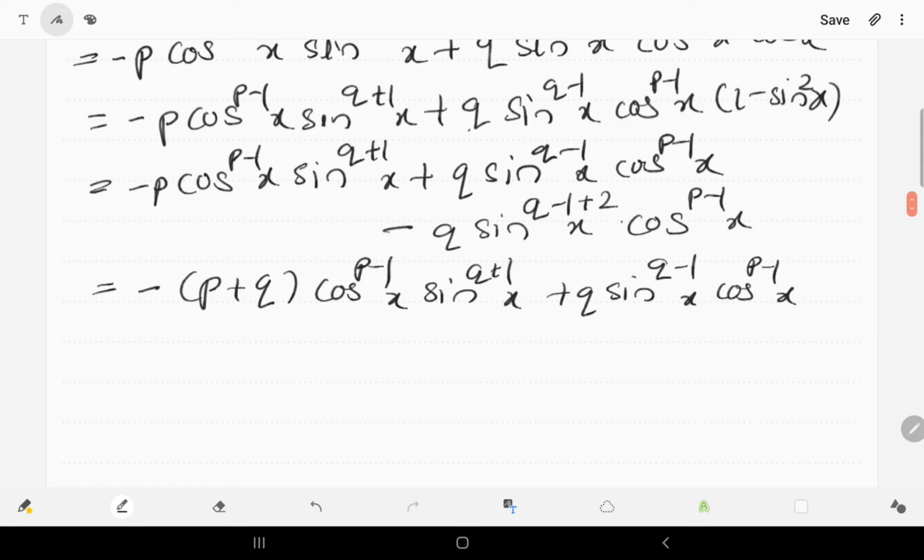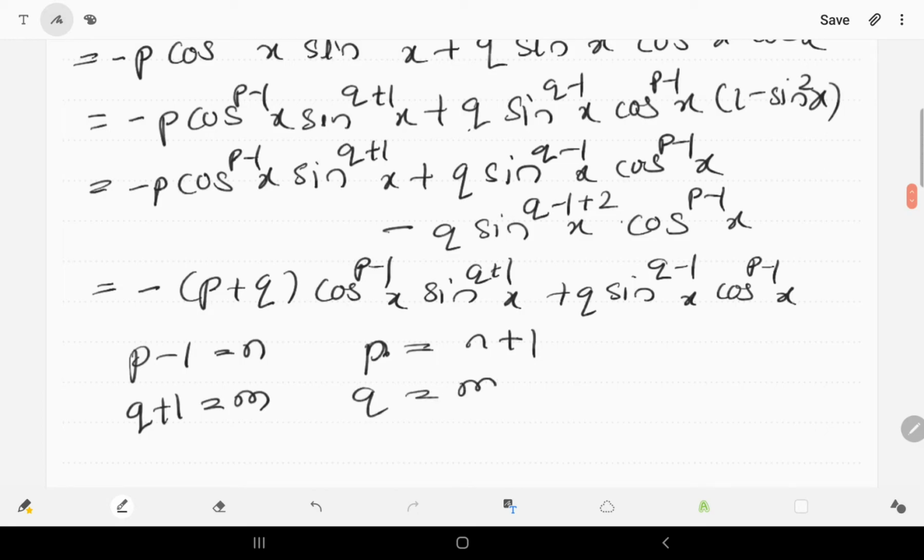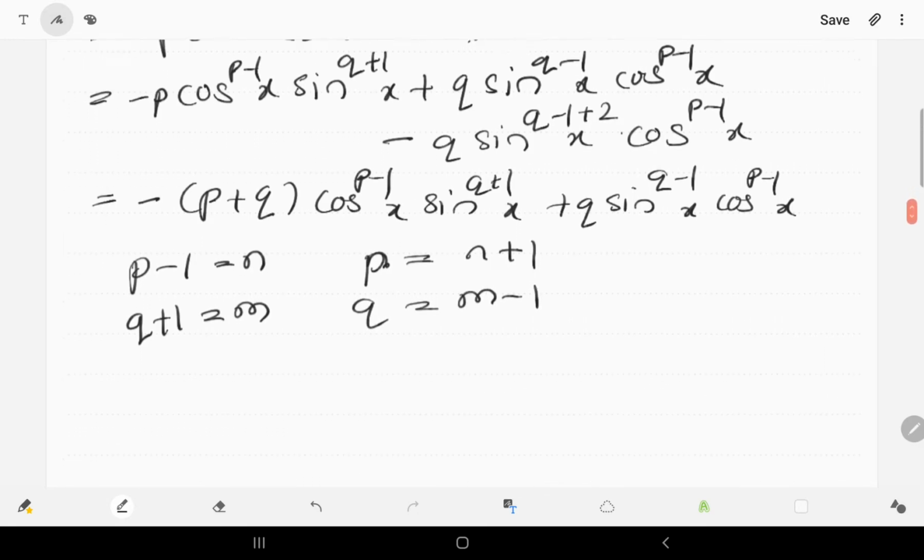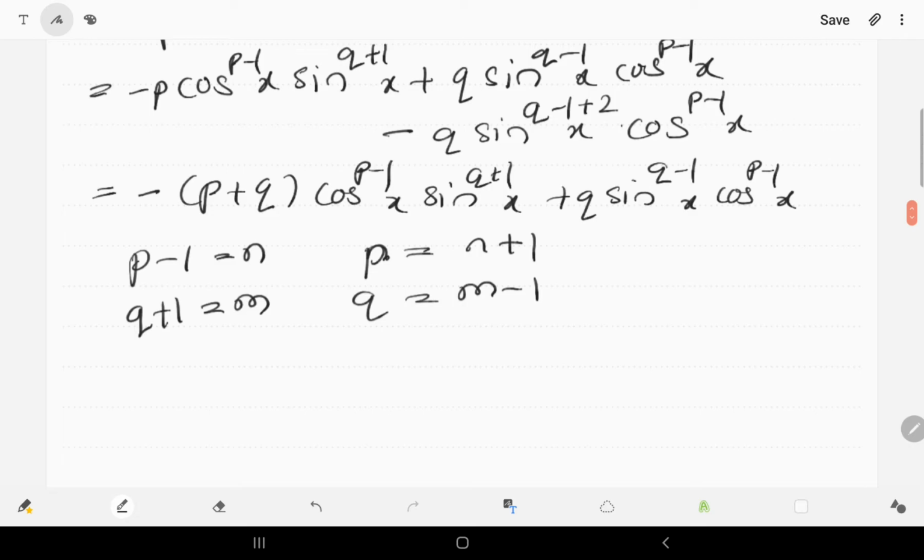So now put p minus 1 is equal to n, so that p is equal to n plus 1, and q plus 1 is equal to m, so q is equal to m minus 1. Now substitute these values here, that is d by dx of cos raised to n plus 1x sin raised to m minus 1x is equal to minus p plus q.